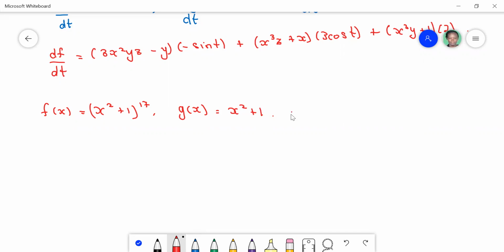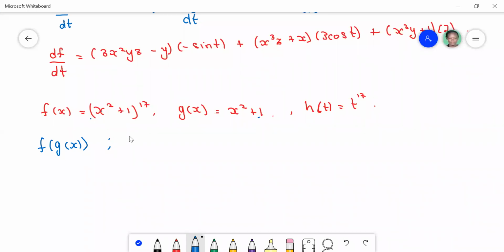Let's take another function, h of t, equal to t to the power 17. You remember when we were doing composite functions, f of g of x means that I substitute this for that. I hope we still remember composite functions. Wherever I see x, I'm going to substitute for this. That is what it means.